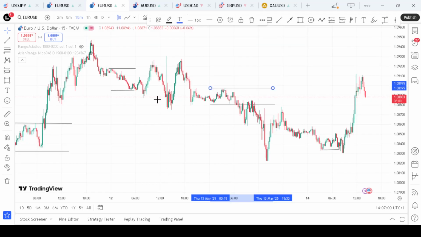As you can see from my chart, I have marked out a few Asian ranges. These are typically areas where the Asian session started. As you can see, in my own time, Asian starts from exactly 12 midnight till 5:45 a.m. in the morning.